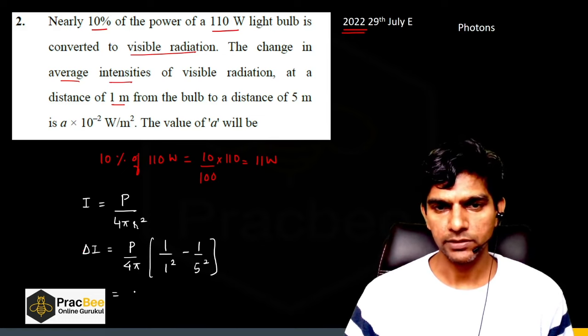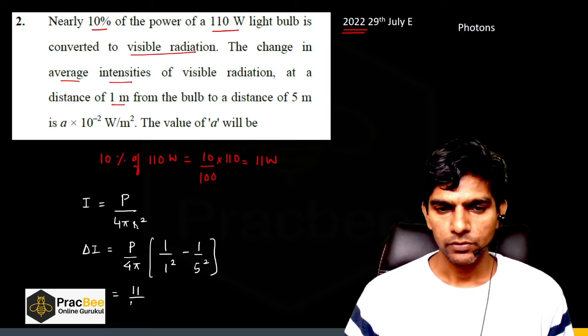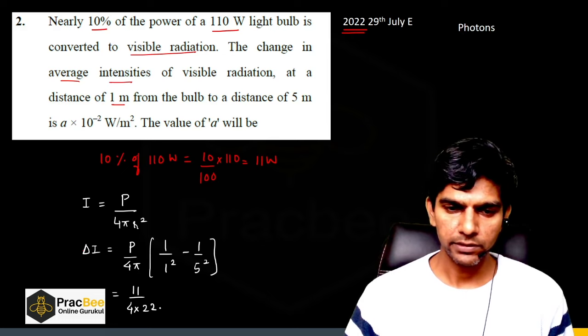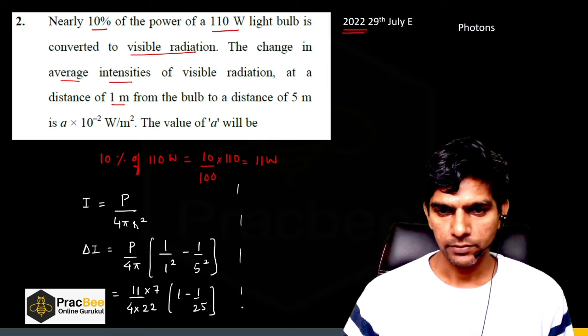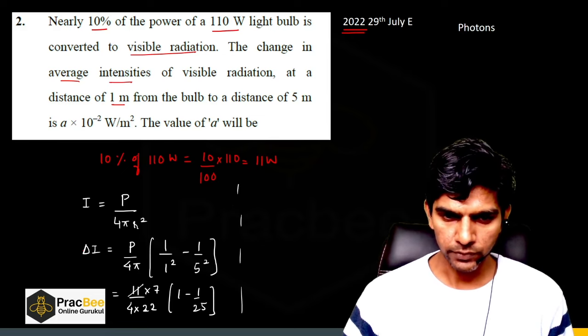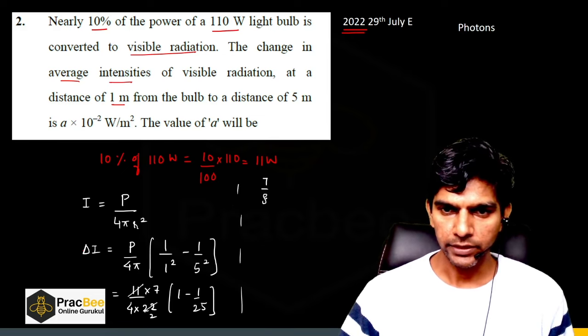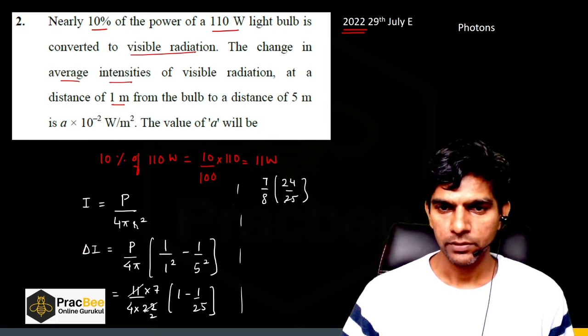Now let us simplify this. So power is 11, 4 and pi we can write as 22 by 7. And this will be 1 minus 1 by 25. So it will be 2, 7 by 8 times 24 by 25. So this will be 21 by 25.